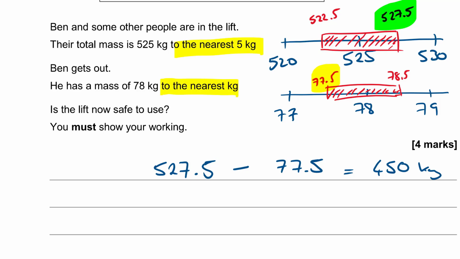So this is the upper bound of the weight of people. Any other case would be less than that, and 450 itself is acceptable as well. So all the possible values are 450 kilograms or less. So we can say that the lift is now safe to use, just. So the lift is now safe to use.